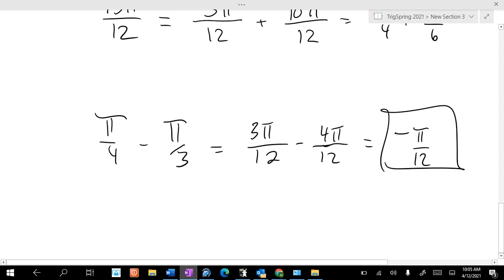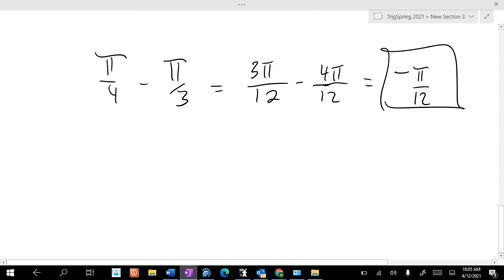Let's do one more of those. What's the common denominator for these two? Pi over 4 plus pi over 6. 12 again.